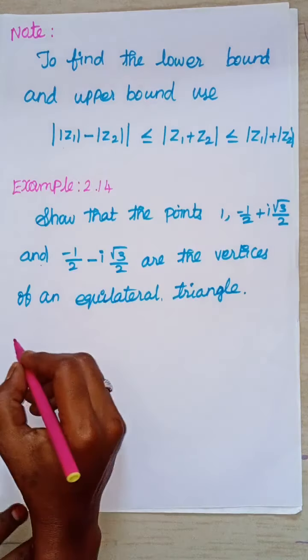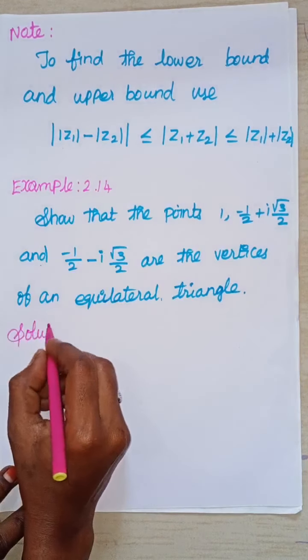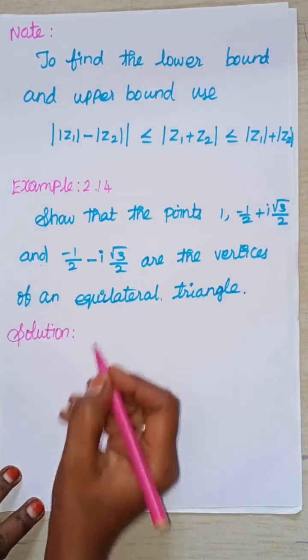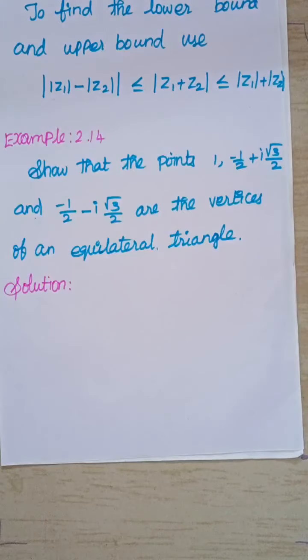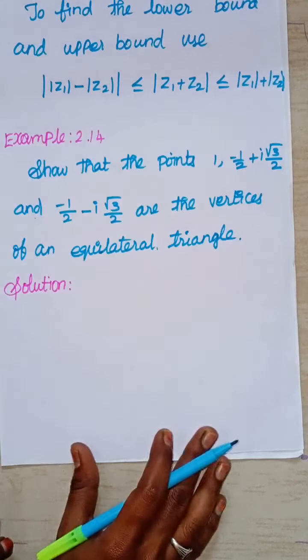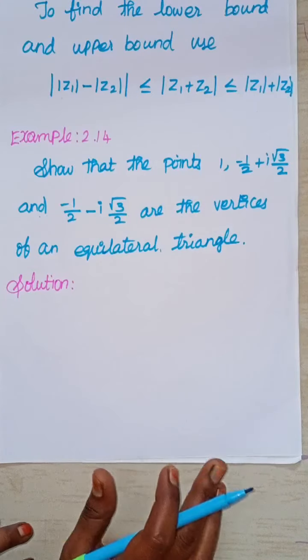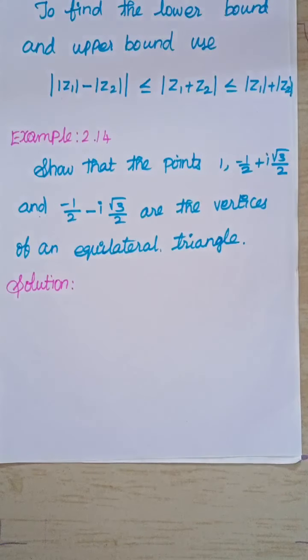Now, see the solution. It is enough to prove for the sides of the triangle. The given points make a triangle. If all the sides of a triangle are equal, it is called an equilateral triangle.